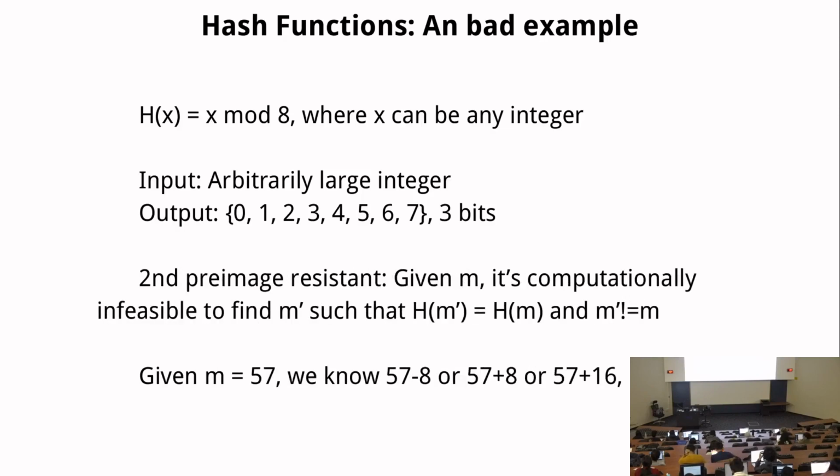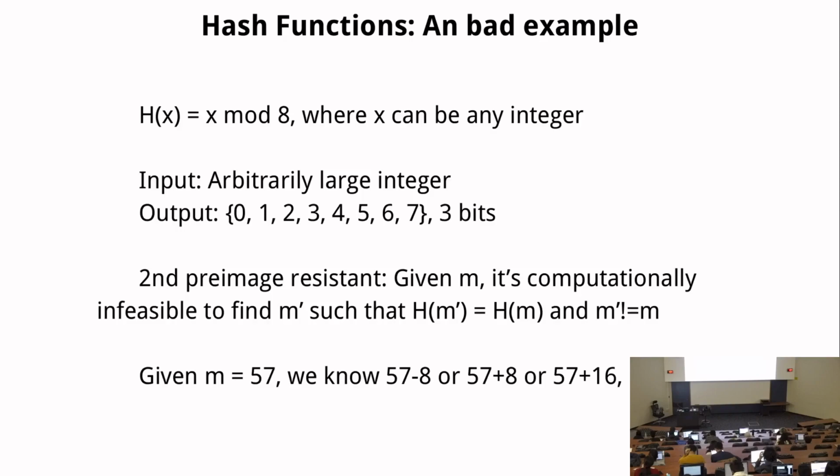The second one is: given a message M, is it computationally infeasible to find another message that has the same hash value? Let's say given value 57, we can quickly know that 57 minus 8, minus 16, or plus 8, plus 16, will have the same hash value.